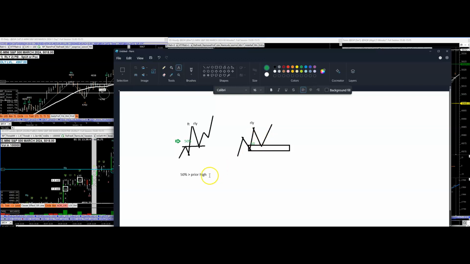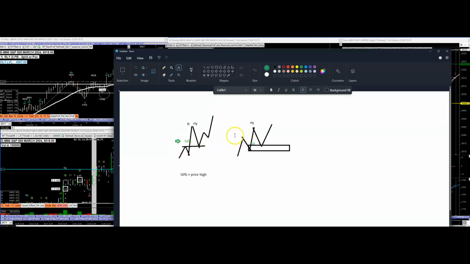So this gives you an objective criteria to identify support levels based on how much follow through. And one way to measure that is you just use a 50% retracement. If the 50% retracement is above the prior high, the likelihood of this going to the prior high and then rejecting is good, because the prior high is going to serve as a support level.